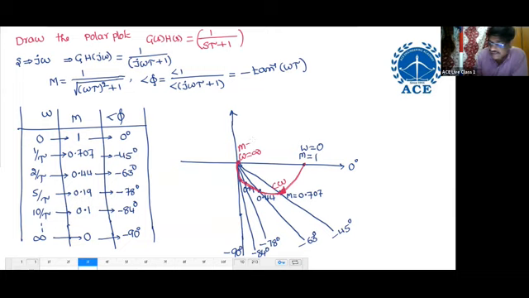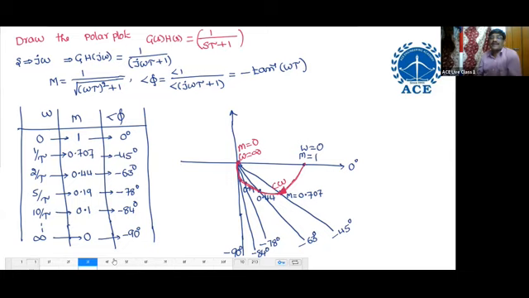This is clockwise only. This is the polar plot. So this is the standard procedure. First you have to draw the negative angles. Negative angle downwards, positive angle means upward. This is 0, minus 90, minus 180. This is the negative angles.